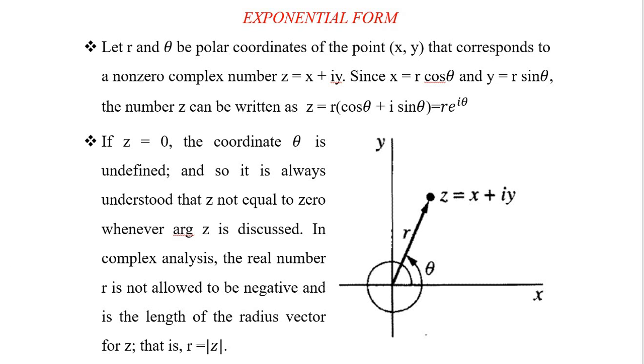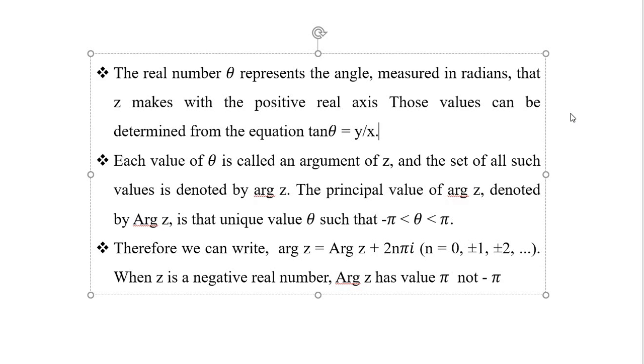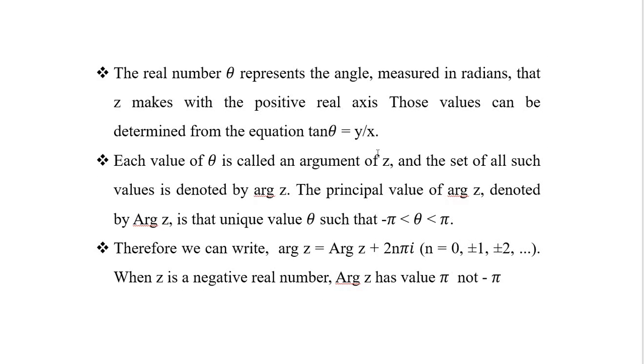And theta represents an angle measured in radians that z makes with the positive real axis, and its values can be determined from the equation tan theta equal to y by x. That is, theta equal to tan inverse of y by x.